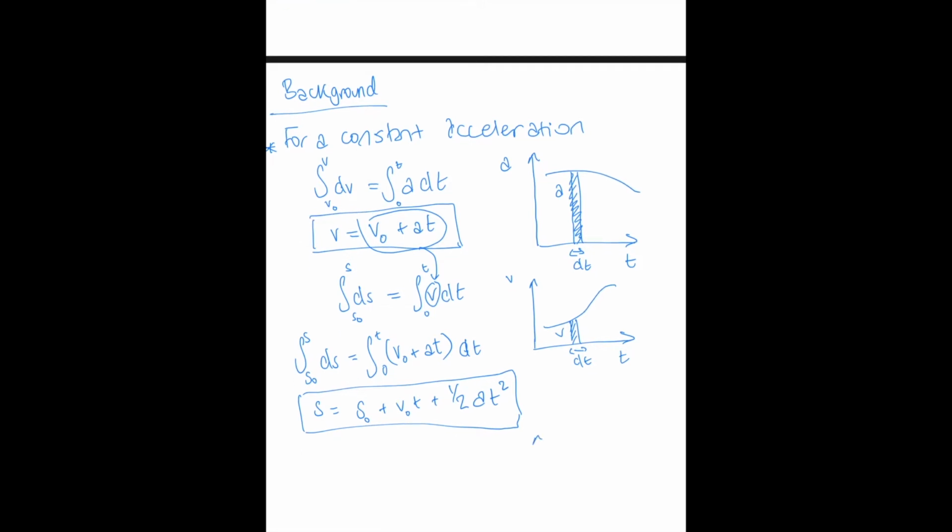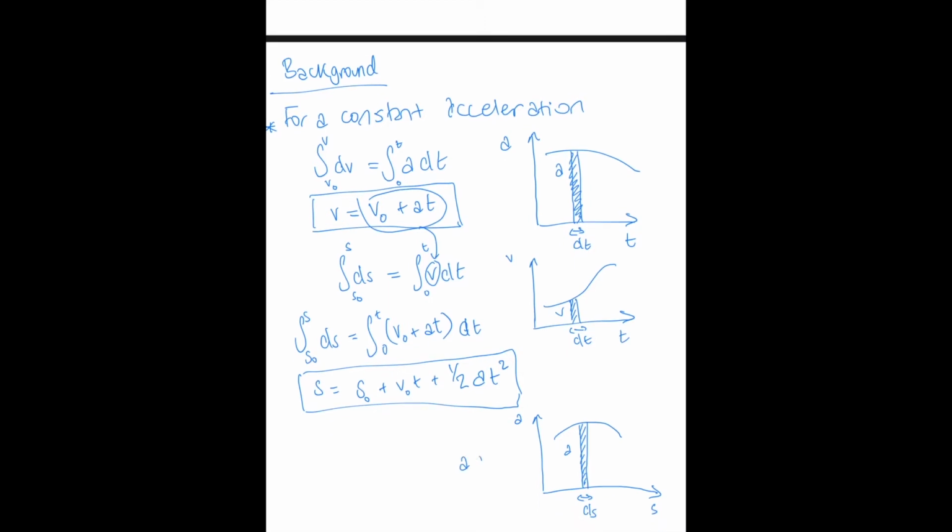Now, what if we have a different graph? If we have acceleration multiplied by the distance, and we want to find the area under the graph here, it's just going to be a, and this is going to be ds. From what we already know here, we can tell that ds is going to be v dt, and a is going to be dv over dt from this equation over here and this equation over here.